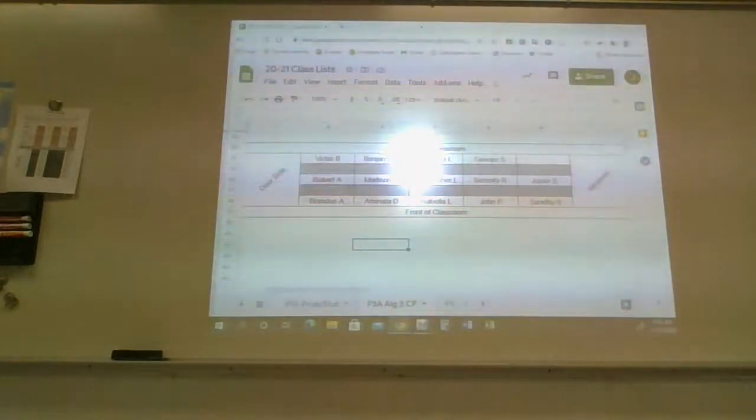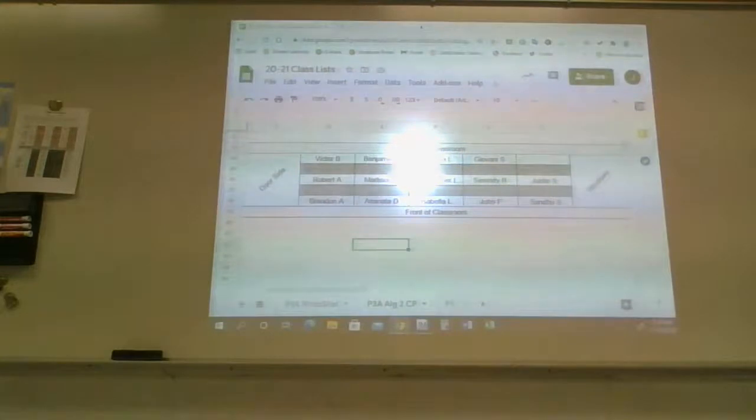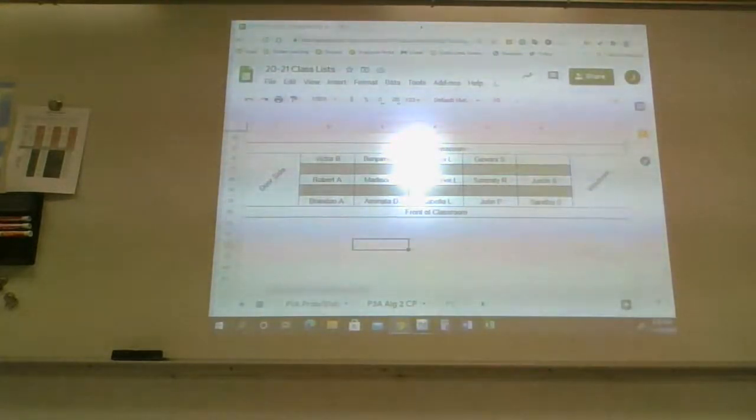Let's see what we got here. Desmos. There we go. Good for me. Where's my mouse?